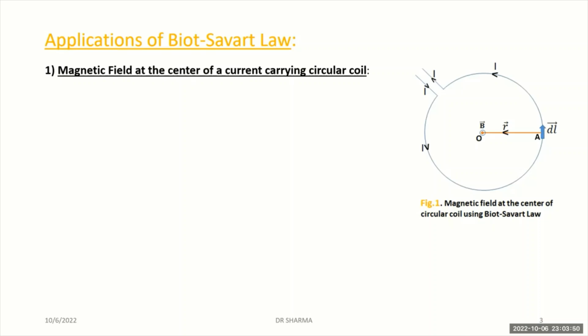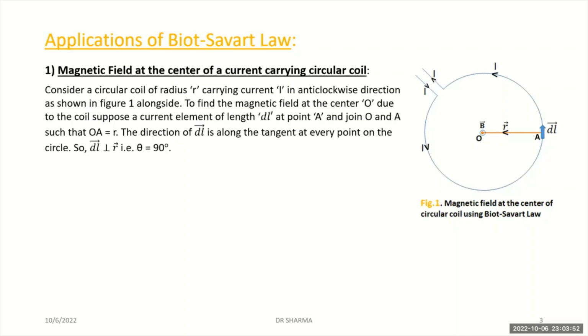To calculate the magnetic field at the center O, consider a small element of length dl at point A, then join O and A such that OA is equal to r.